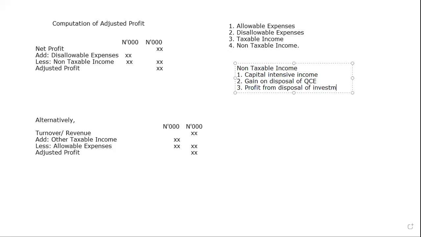Sir, please, I just want you to quickly, in brief form, distinguish between depreciation, capital allowance, and impairment loss. Let me give you the simple breakdown. Depreciation is under AS 16.